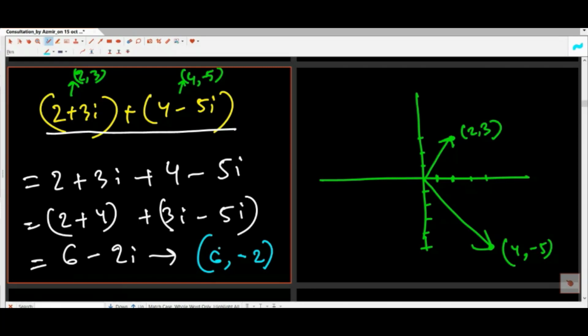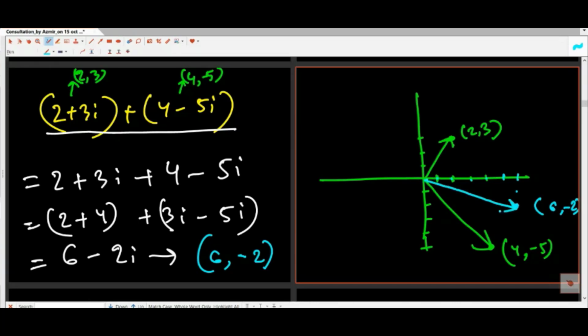Let us look at this point, (6, -2). The point is here. This is our result, that is the summation. From the concept of vector, we can say this is the resultant vector. So we have found our result and the geometrical interpretation is complete.